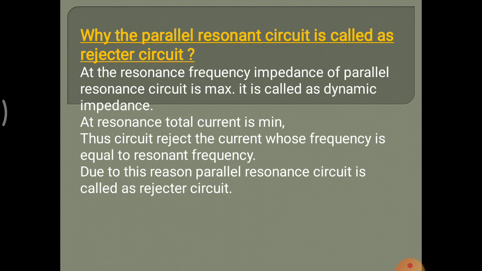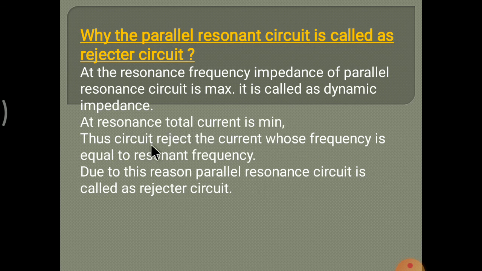Why is the parallel resonance circuit called a rejector circuit? At the resonance frequency, the impedance of the parallel resonance circuit is maximum. It is called dynamic impedance. At resonance, total current is minimum.